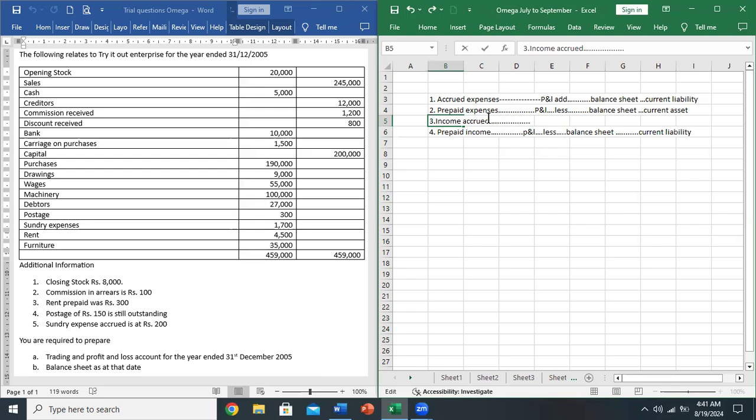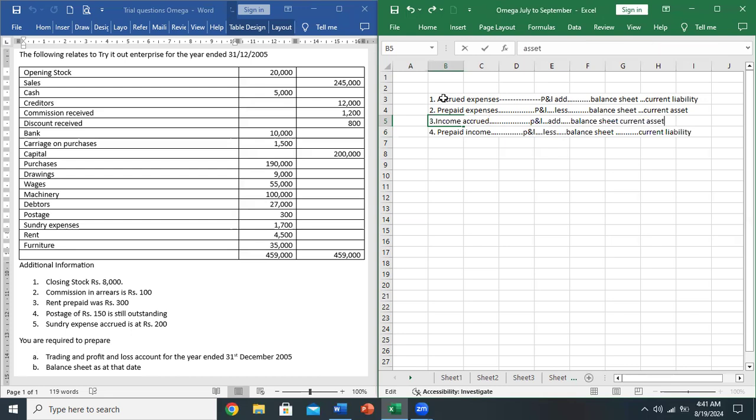Now for the income accrued or owings, we say in the profit and loss account, you add, and in the balance sheet, it is a current asset.